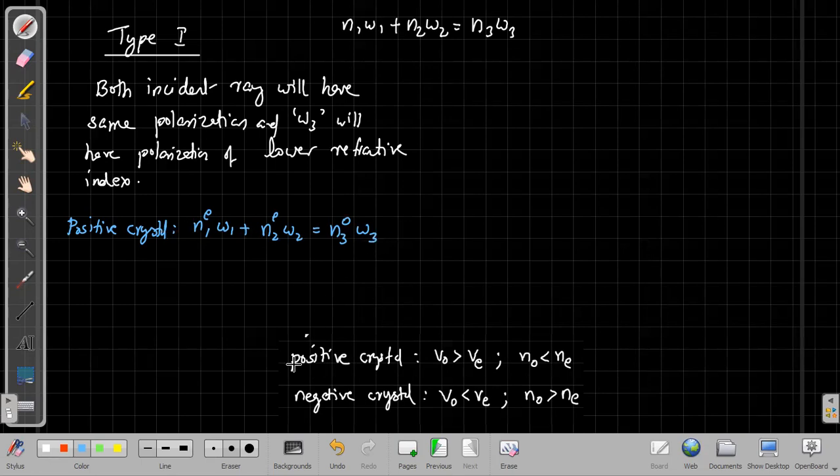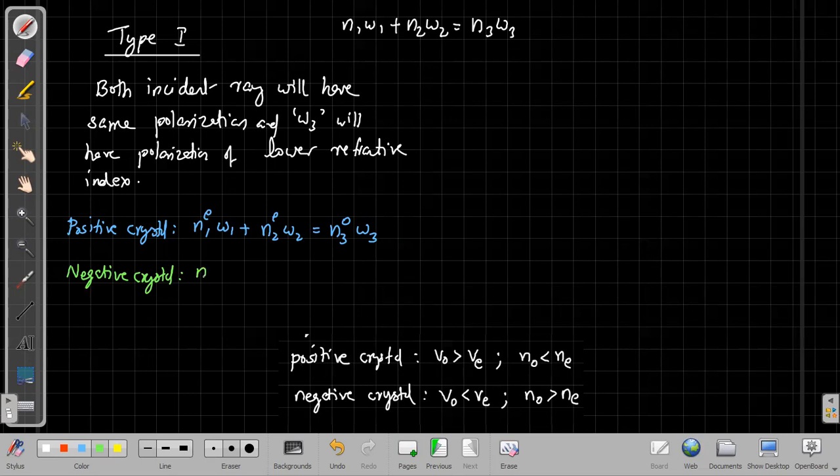And what about the negative crystal? Both omega 1 and omega 2 are of the same type. In the case of a negative crystal, the ordinary ray has the higher refractive index. So both omega 1 and omega 2 must be ordinary, and omega 3 must take the extraordinary refractive index.